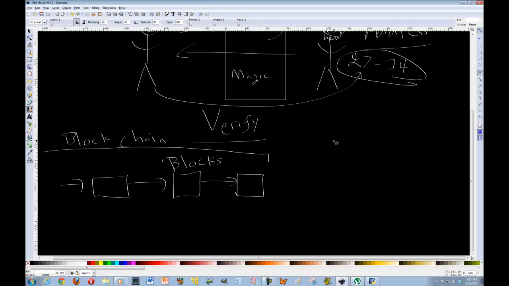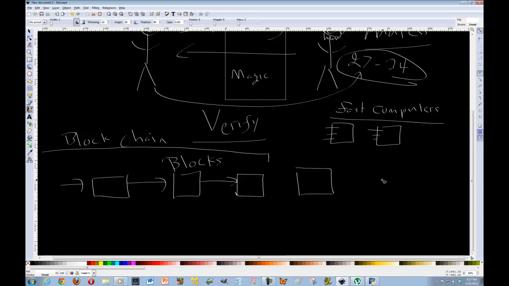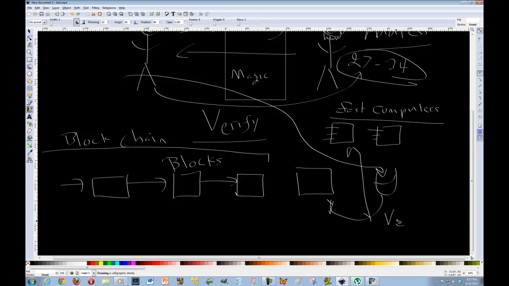So these guys called miners, all these little lines, they're really fast computers. These guys called miners go ahead and take a basket of transactions, just like guy number 0's to guy number 1's, and miners will go ahead and verify them.